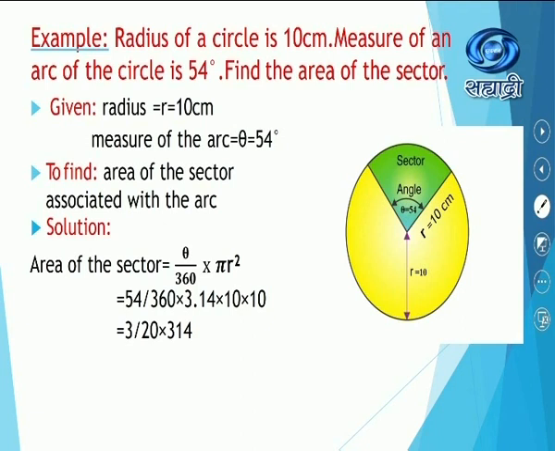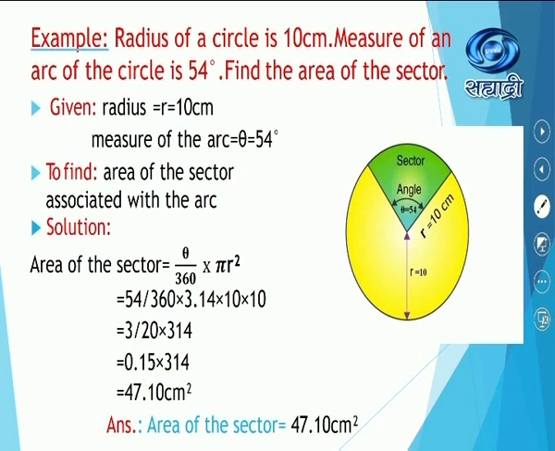So your answer will be 3 upon 20 into 314. So if you calculate, you will get 0.15 into 314, which is equal to 47.10 centimeter squared. Therefore, area of the sector is equal to 47.10 centimeter squared. So area of this green part is 47.10 centimeter squared.